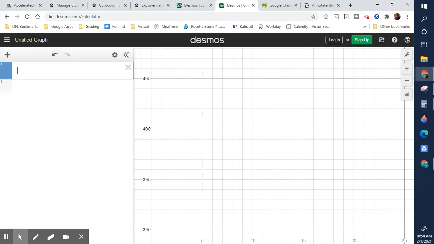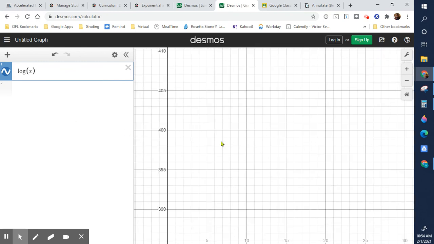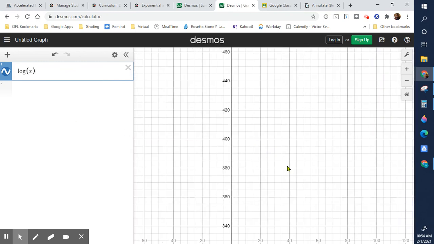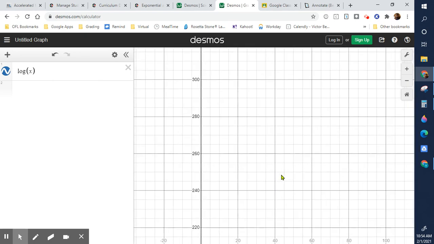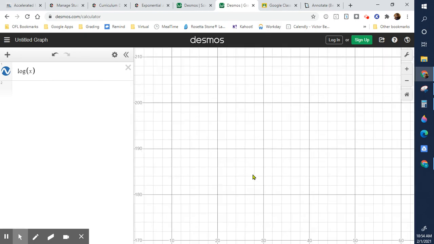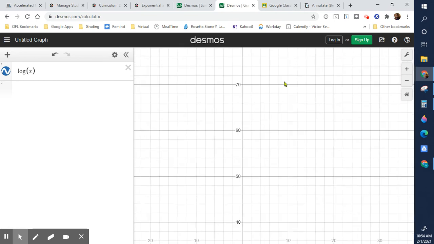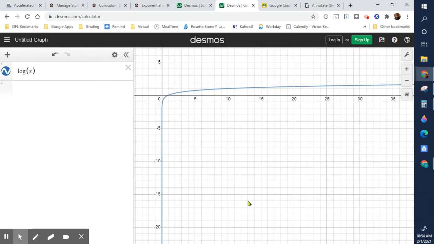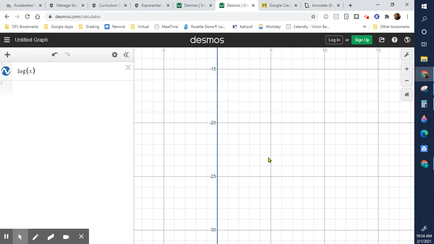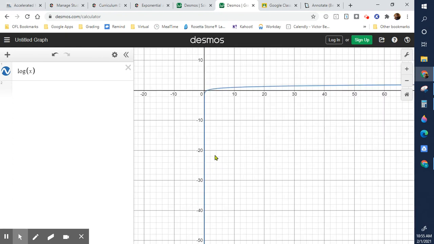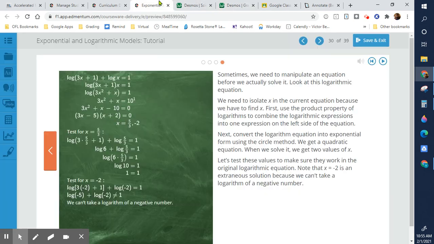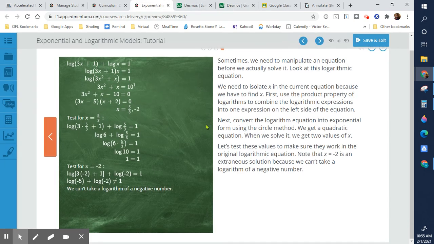So if I grab log base 10 of x, and I zoom out here, well, I need to zoom out or zoom in here. And I go back to 0. You see that this never touches 0. If it never touches 0, that means it's never negative. So logs are never negative. You can never have a negative argument for your log.